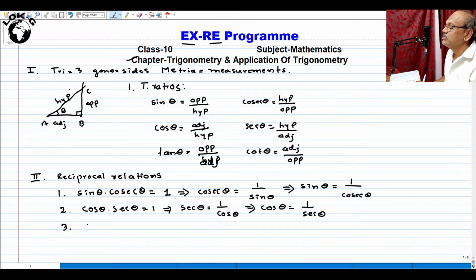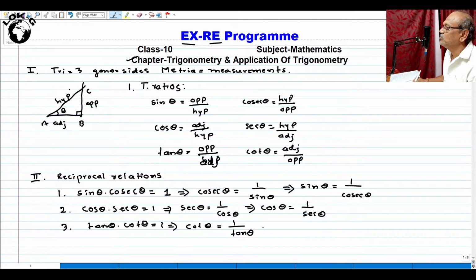The third one is tan theta into cot theta, which is equal to 1. If you take tan theta to the right, you get cot theta is equal to 1 upon tan theta. I hope you understood. Learn all the formulae by heart and recall all the important formulae before we solve a model paper. Ready with me? Tan theta is equal to 1 upon cot theta. These are called reciprocal relations.